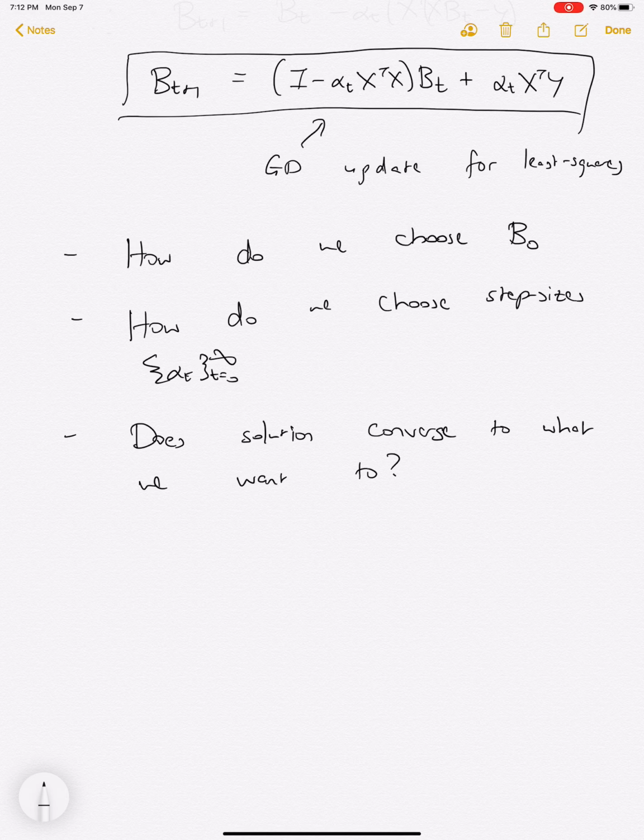And probably the most important question of all is, does the solution of gradient descent converge to what we want it to? I mean, we've pulled out this expression, and it seems to be kind of pulled out of thin air. We know that the solution should satisfy x transpose x beta hat equals x transpose y.